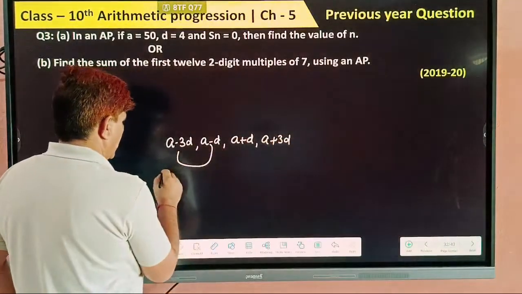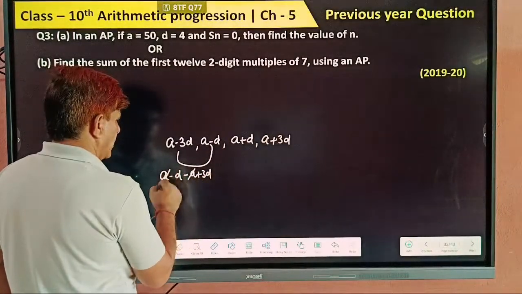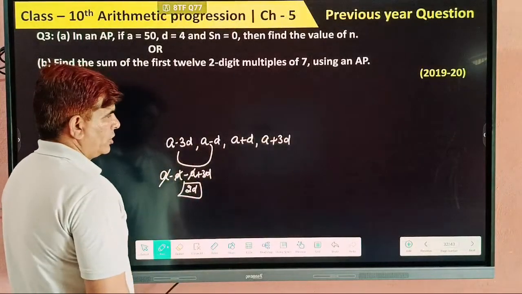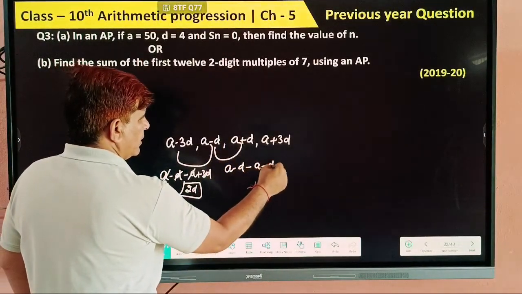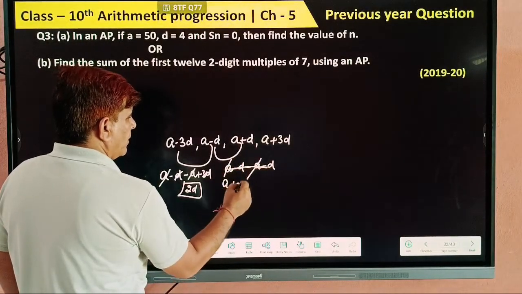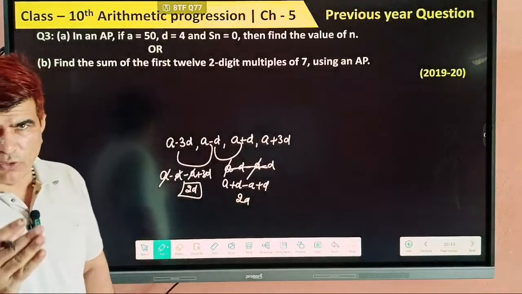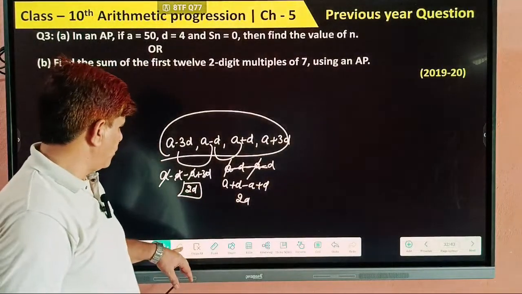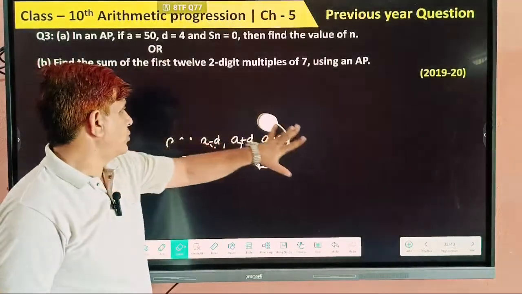What's the difference of these? a minus d minus a plus 3d, if you cancel it, the difference is 2d. Similarly a plus d minus a plus d is again 2d. So if you have to take four terms, this is the way of assuming them. I think it's understood. Next question.